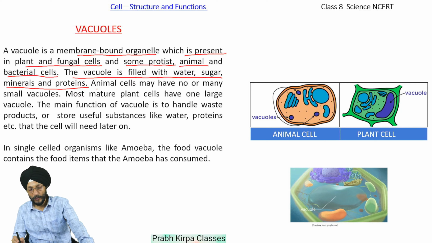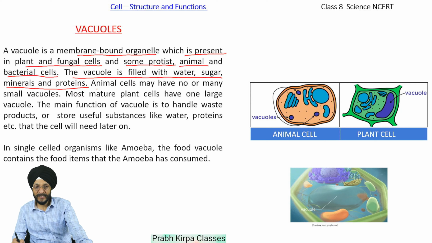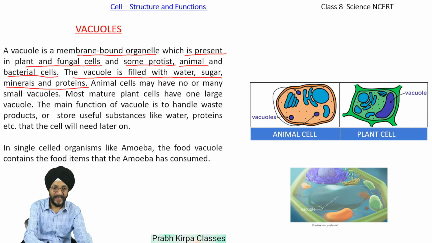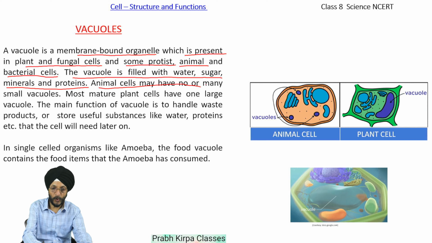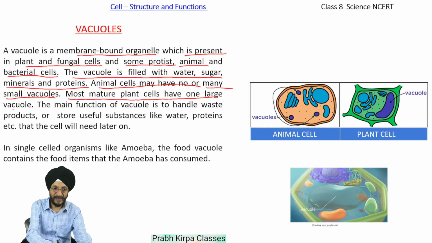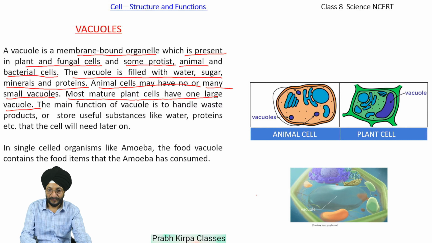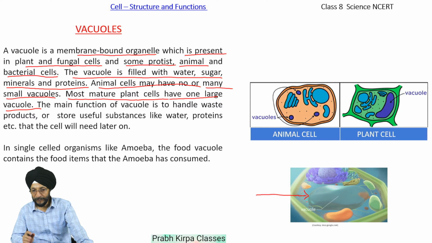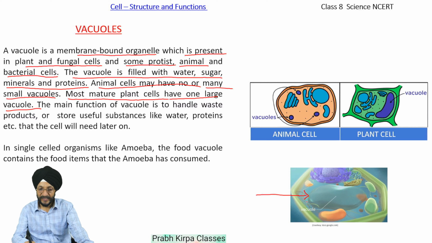A question may arise in the exam whether animal cells have vacuoles. So the answer is: animal cells may have no vacuoles or many small vacuoles. In the case of plants, most mature plant cells have one large vacuole. Here you can see that this is the picture of a plant cell, and a large vacuole is present in the case of plant cells.